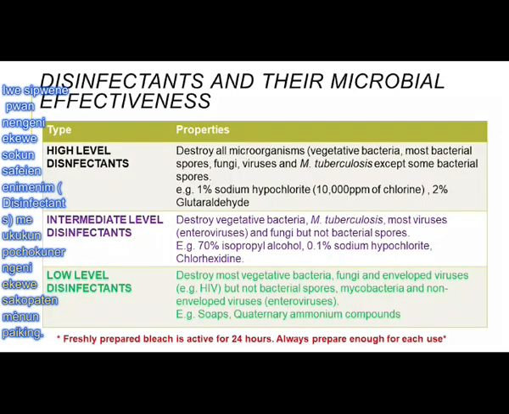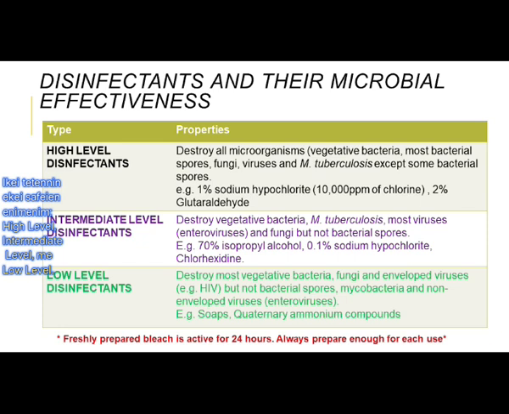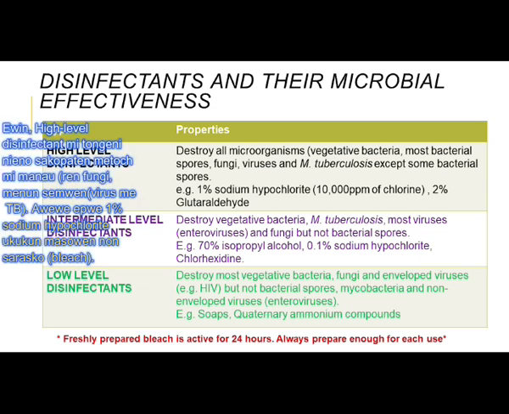So let's have a look through those types of disinfectants and how they act on all the different types of microorganisms. The disinfectants are classified as high level, intermediate level, and low level. The high level ones can actually destroy all organisms, including fungi, viruses, and most bacterial spores, including TB, but not some other bacterial spores. An example would be the 1% sodium hypochlorite.